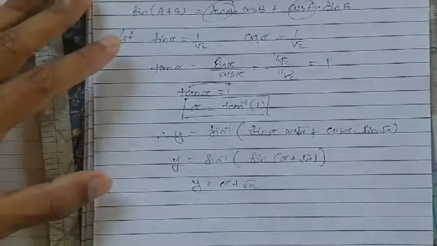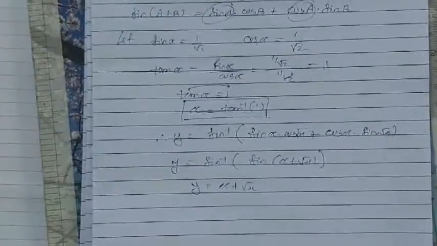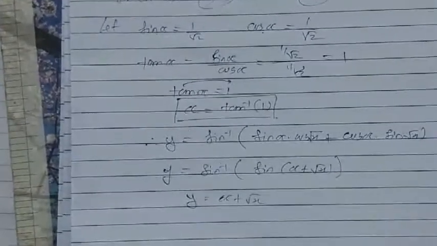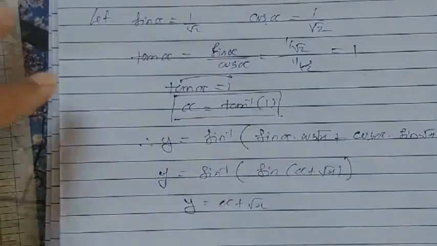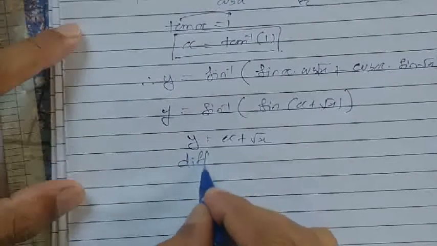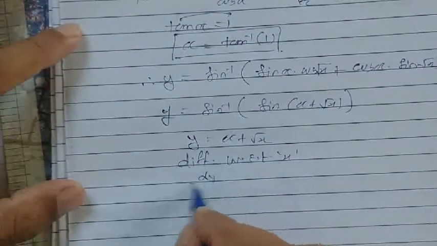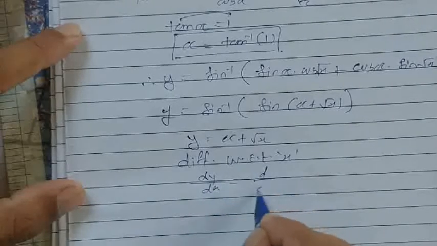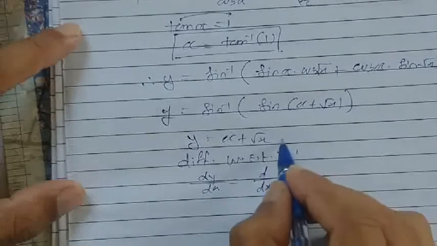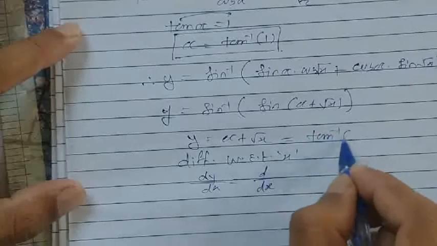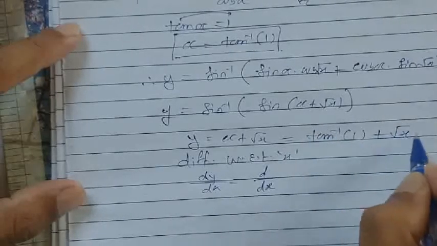So next, we have to find dy by dx value. So how to get that dy by dx value? Differentiate this y with respect to x. We get dy by dx equals d by dx of, what is the value of alpha? It is tan inverse of 1 and root x as it is.